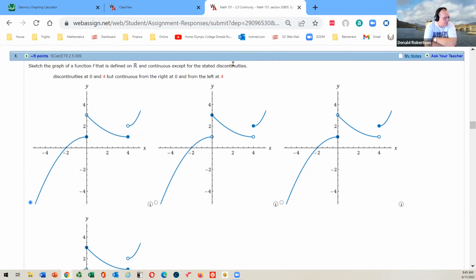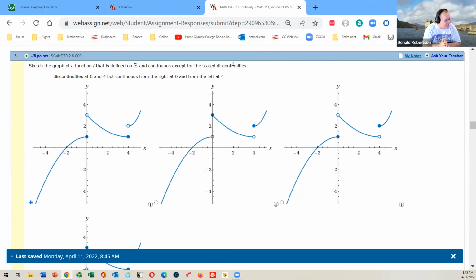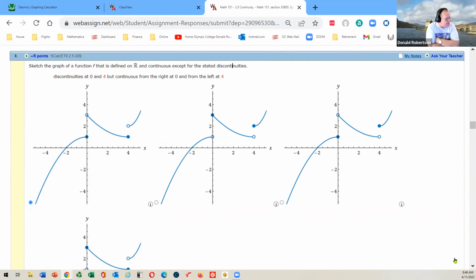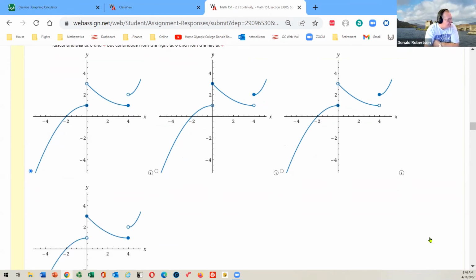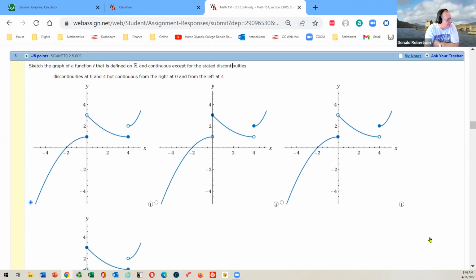So this graph has a left and a right continuity going on. So at 0 and 4, there's a problem. At 0, it has to be continuous on the right. And at 4, it has to be continuous on the left. Which one of those pictures has all those features?